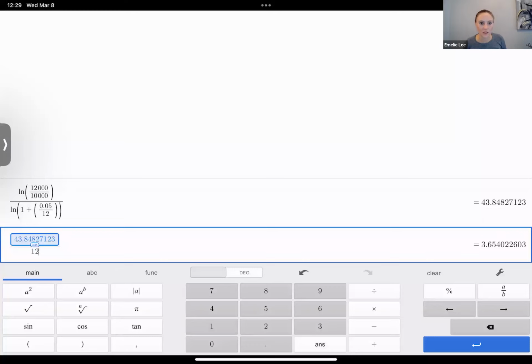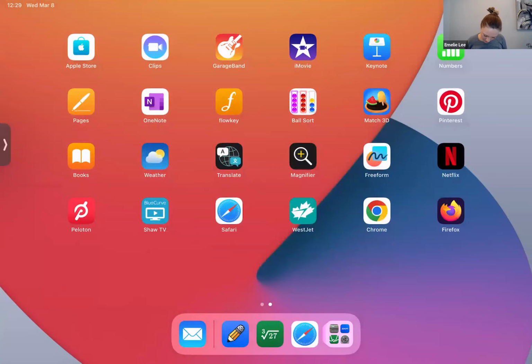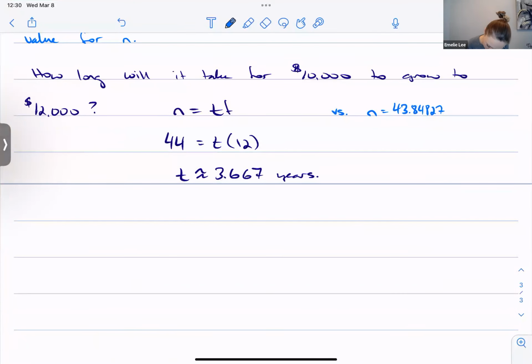I get 3.654 years. So it does make a difference, right? But you need that extra compounding, right? T is 3.654 years. So it does give you a different answer, slightly, 3.66 or 7.